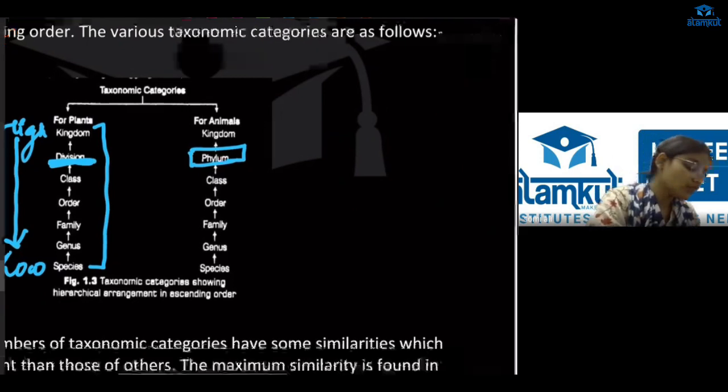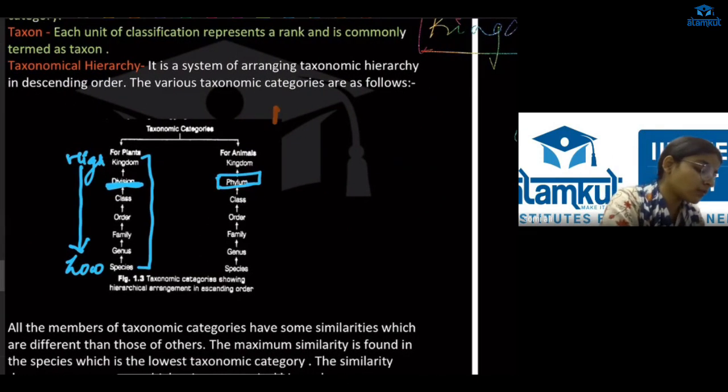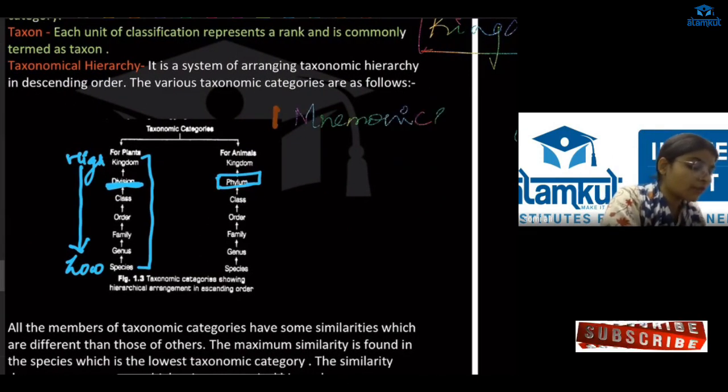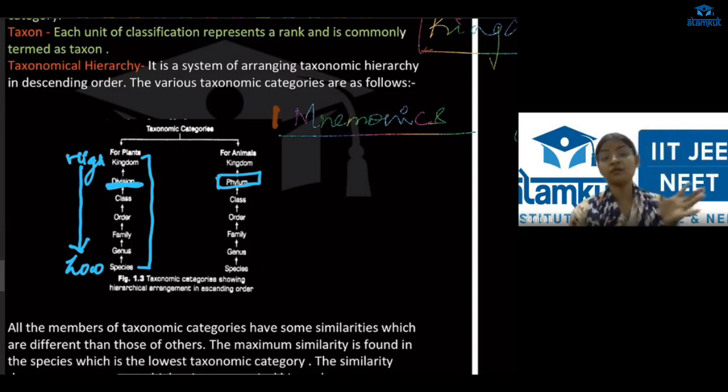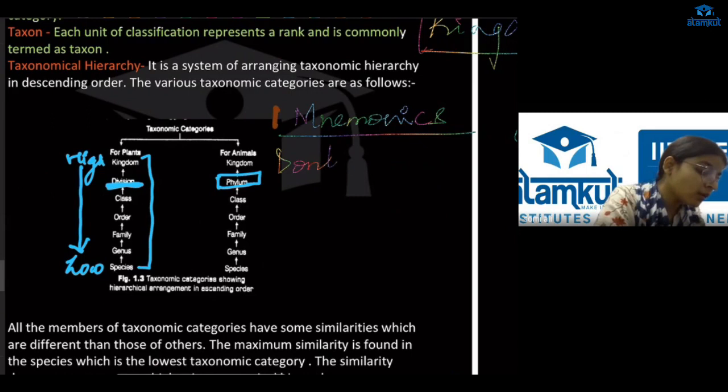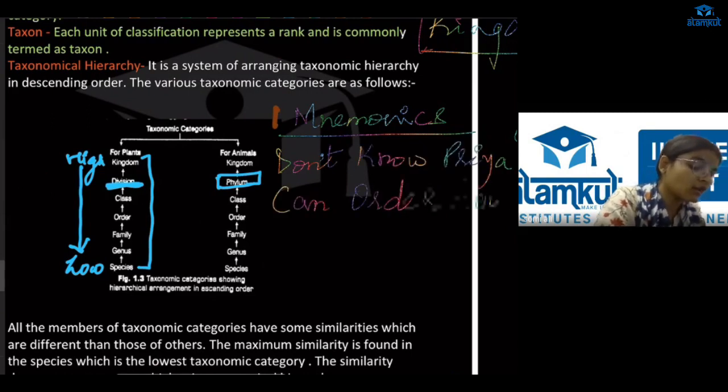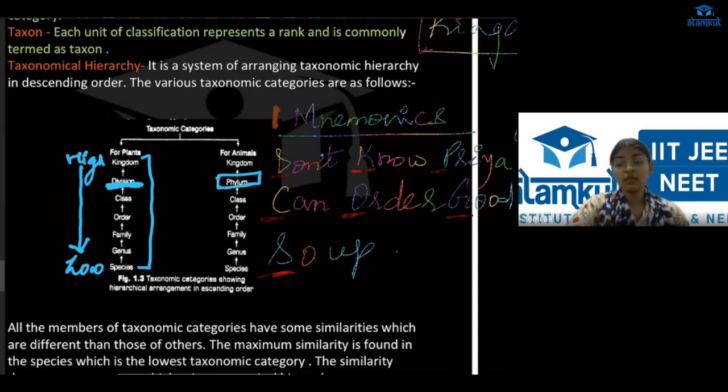So how will you learn? A little trick is there. We can use a mnemonic to learn kingdom, phylum, class, order, family, genus, species. Before kingdom there is domain, so I'm writing that also: Don't Know Priya, Can Order Good Soup. So every initial shows us the hierarchy. Every first initial will help you to remember the taxonomical categories like kingdom, phylum, class, order, family, genus, species, and before kingdom, domain is there.